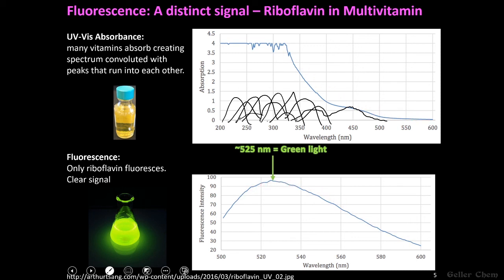It's just a simple peak, which we can easily analyze. Note that the wavelengths coming back out are longer than the wavelengths that were absorbed in the first place. That agrees with our theory from before. Also note that this wavelength here, roughly 525 nanometers, corresponds to green light in the electromagnetic spectrum, in agreement with what we would see visually under a blacklight.